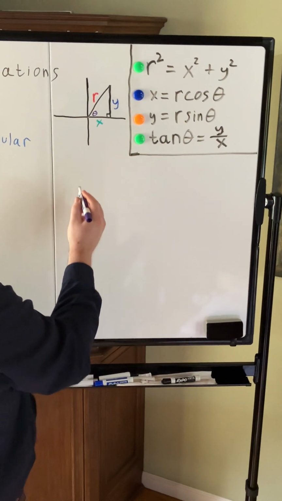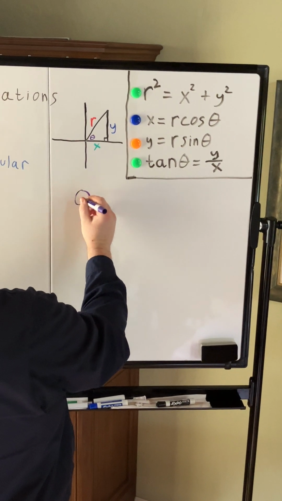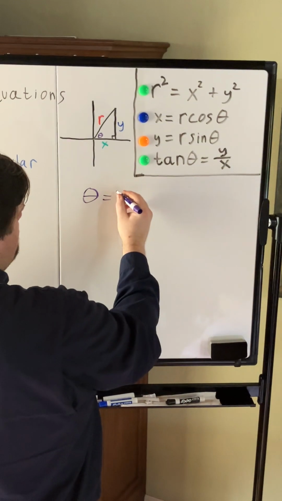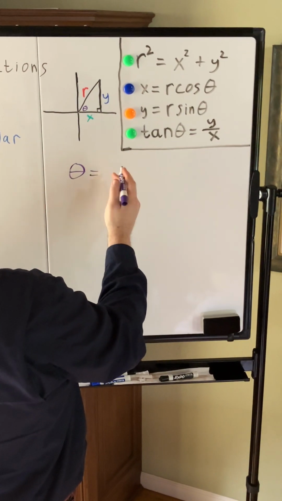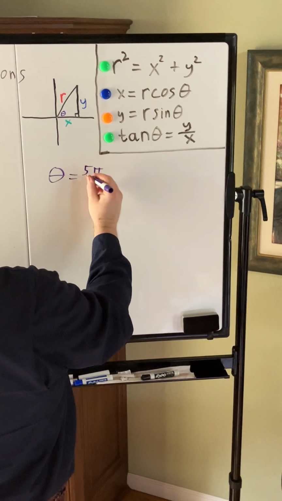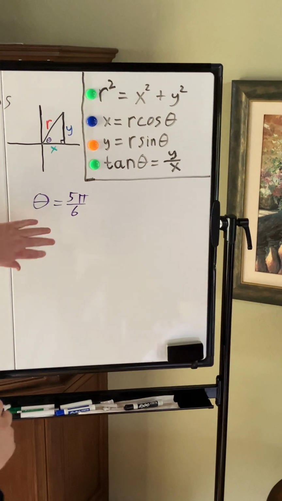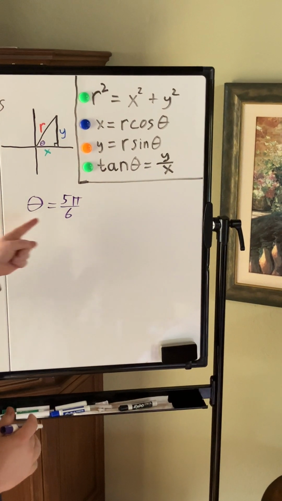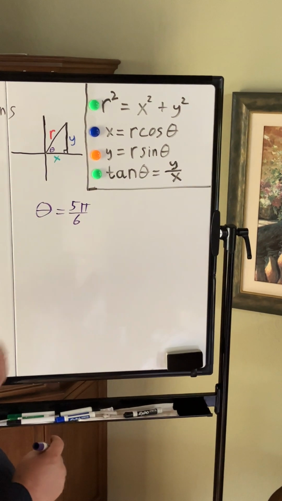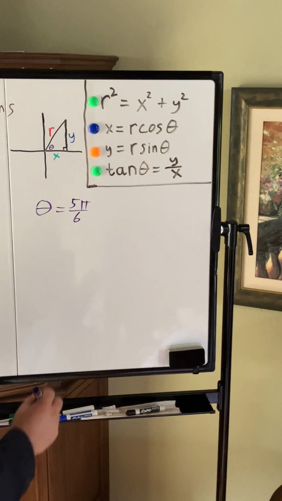All right, another polar one that you're going to see often is essentially just working backwards from one that we already did. So let's say we have theta equals 5 pi over 6. If you remember, this is just going to end up being a line through the origin, but we'll go ahead and work it out so you can see how you want to show the work for this.